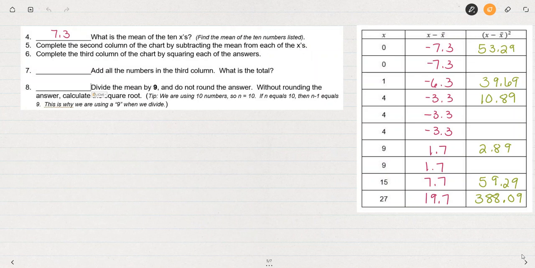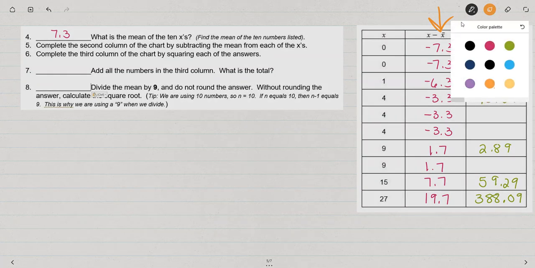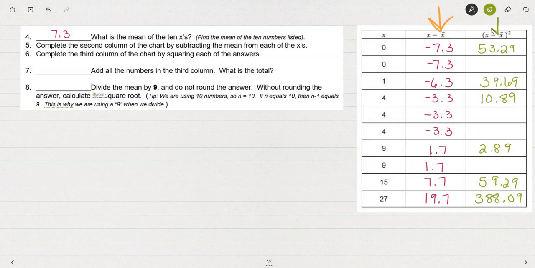Although I've done this by completing the entire second column and then moving on to the third column, really, just to keep things simple, what I would have done is put in my calculator 0 minus 7 3/10, and my calculator would have given me negative 7 3/10.